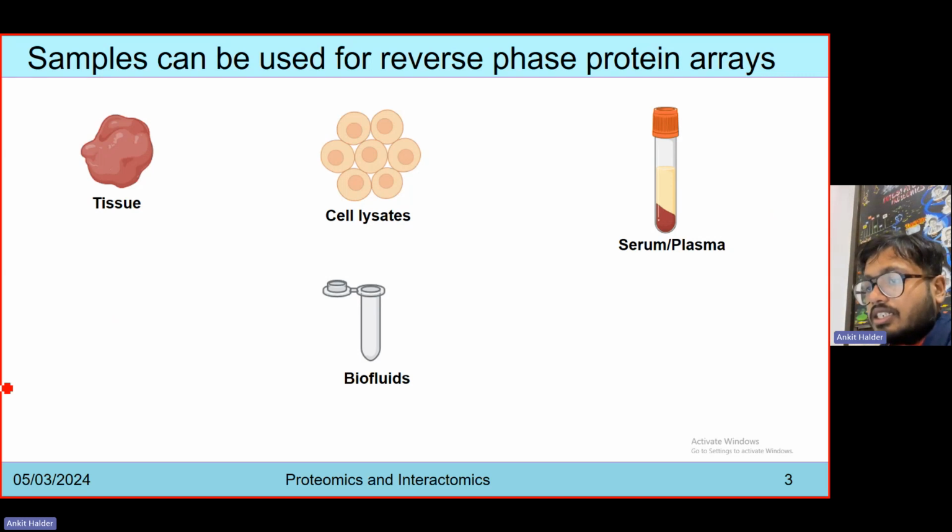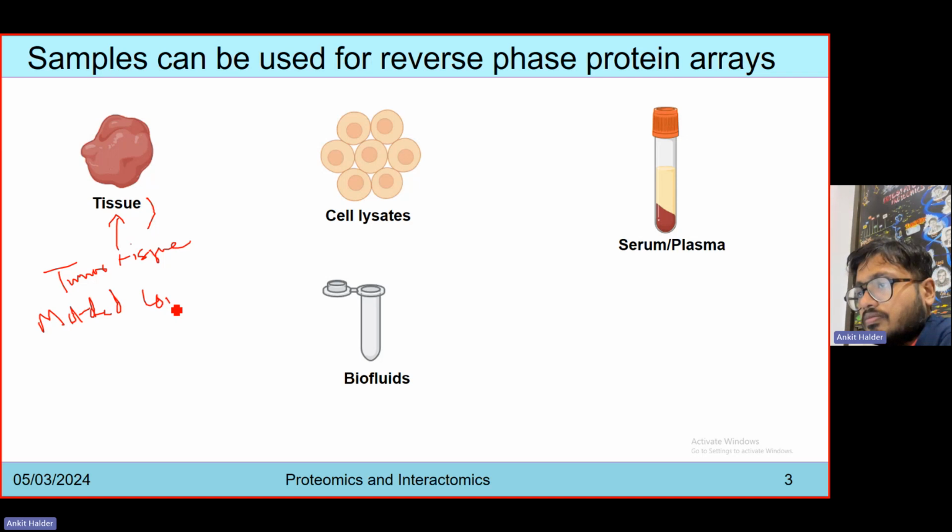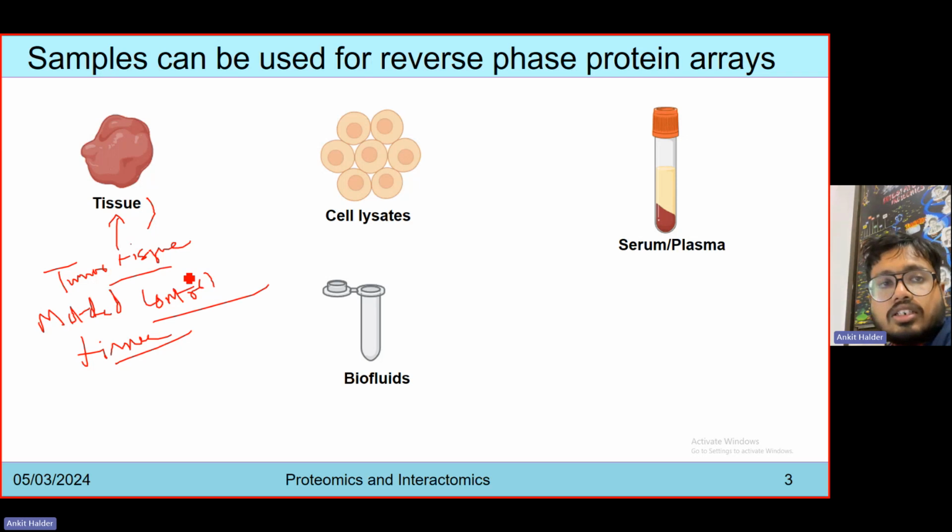As I mentioned, all samples, starting from tissue. You can have a chunk of tumor tissue along with some matched control tissue, or a tumor tissue, you can take that.